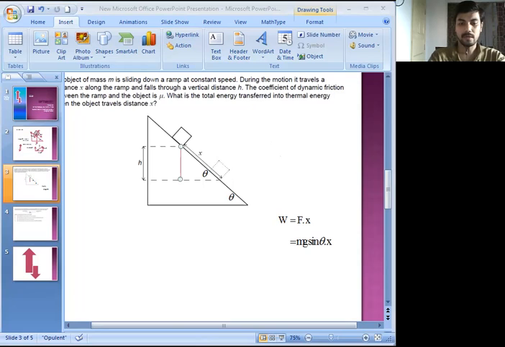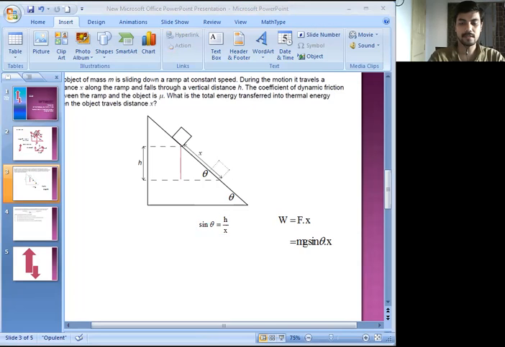What we have got is that sin theta is the ratio of h and x. If that is the case, then you can understand x sin theta would be just h.